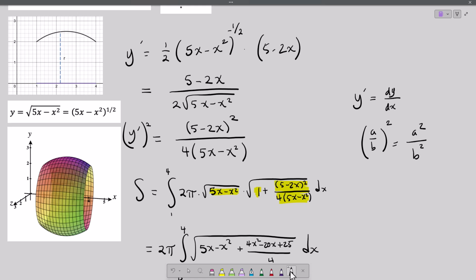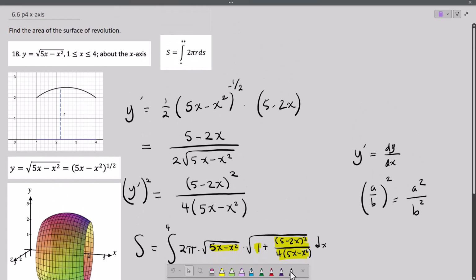So when we square this, we take the numerator and square it, which is putting a power of 2 on it. And in the denominator, 2 squared is 4. And if you square a square root, the square root goes away. And are we just squaring it so we can plug it in? So we can plug it into ds, because ds is the square root of 1 plus y prime squared.